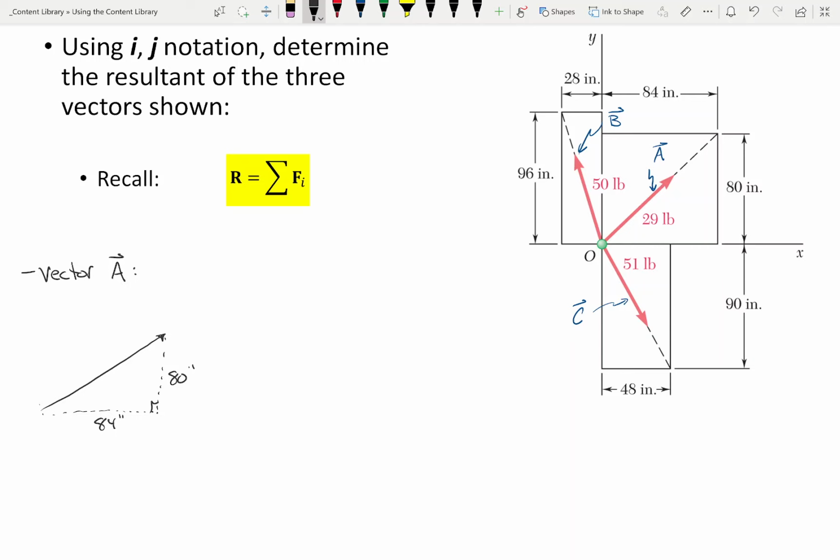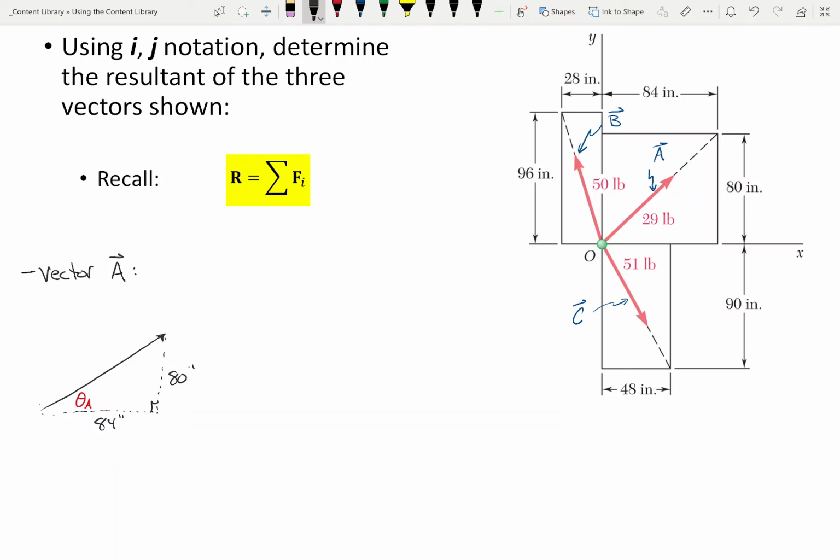So maybe I'll try to figure out this angle theta A, because then I can take the sine and cosine of the 29 pounds to get the x and y components.